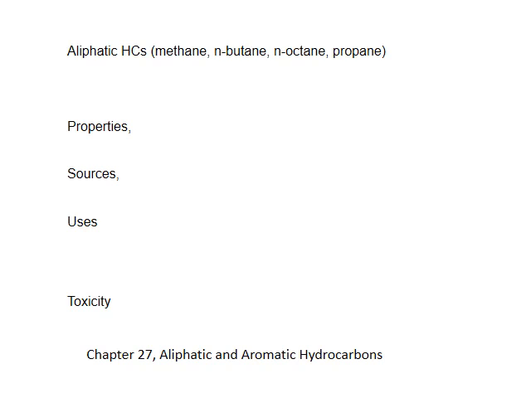So for example, if we look at methane, in terms of its properties, it's flammable, and it's odorless and colorless. It's derived from the Earth's crust, right? So it's a natural gas that we get from the Earth's crust and also from large landfills.